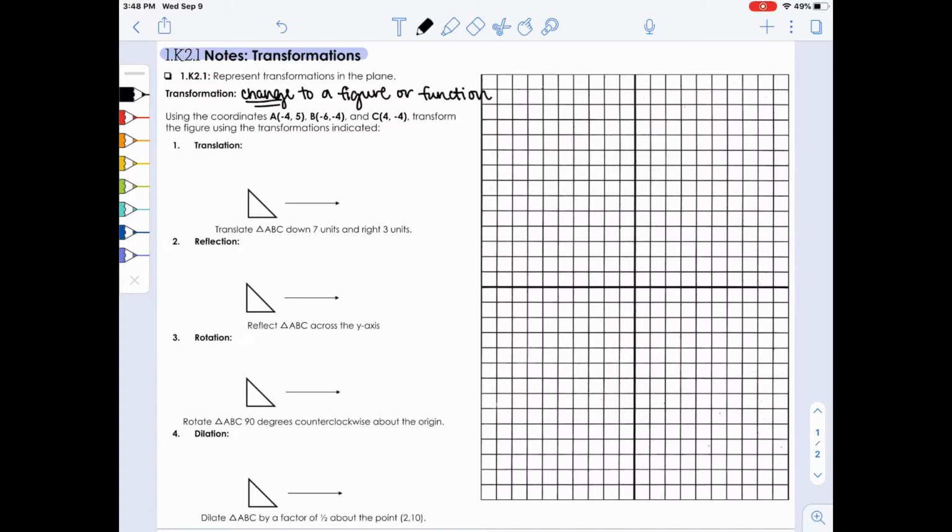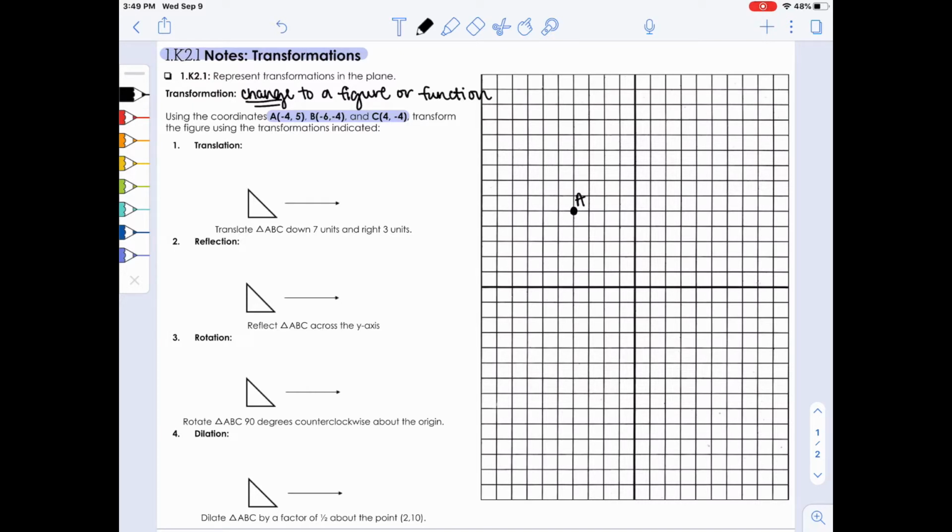So today we're going to be looking at an example of a triangle on our coordinate plane. So first let's go ahead and get that triangle on our paper. We're going to give it the coordinates A, B, and C. Those points are going to be the corners of our triangle. So A is located at -4, 5. That's right here on our coordinate plane.